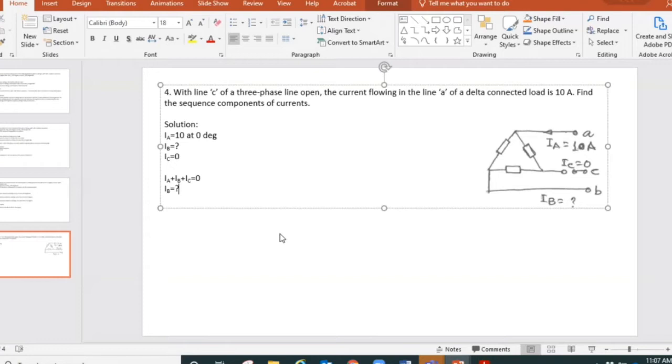Who has the value? It's very simple. It should not take more than 15 or 20 seconds. Yes, 10 at an angle of 180 degrees. It's correct. I need to just hear it from one or two of you.